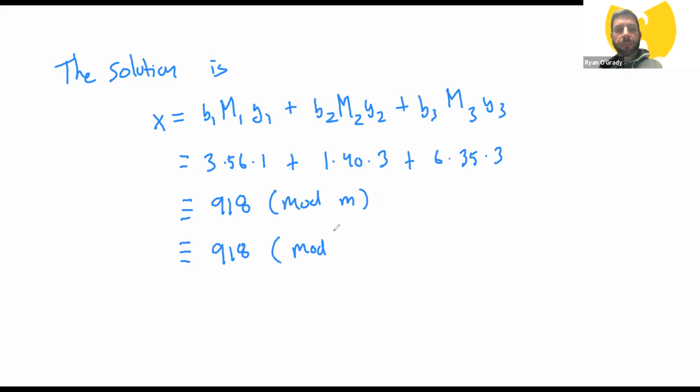M was the product of the 3 moduli that we started with. So you take 5 times 7, which is 35, times 8, and you get 280. So you need to figure out what is 918 mod 280. In other words, what is the remainder when you divide 918 by 280?